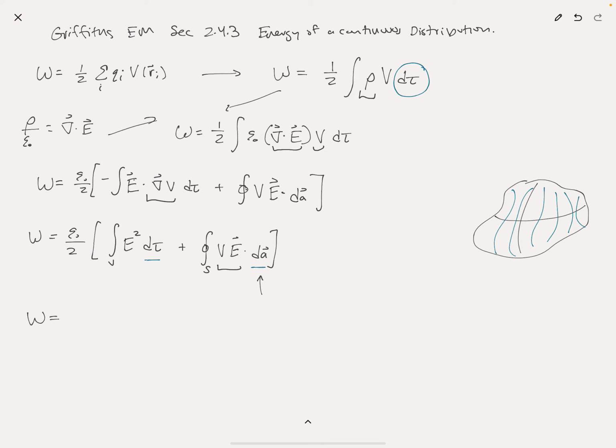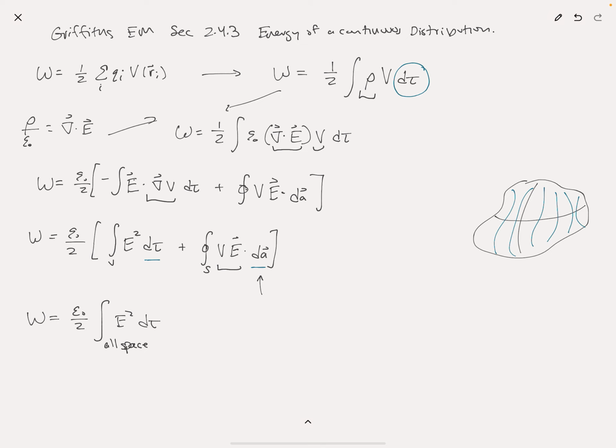I can rewrite this expression where the energy to create that distribution is just related to the electric field integrated over the entire space.